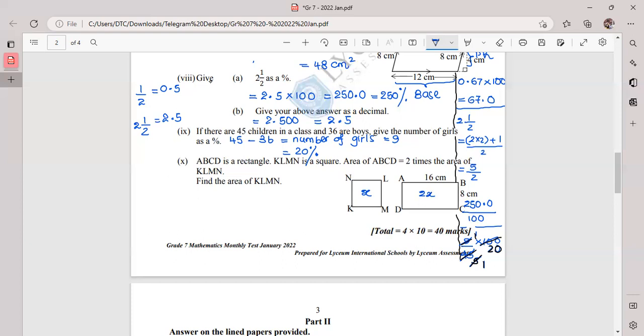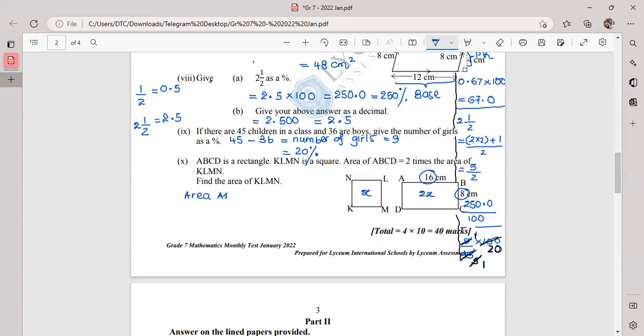First of all, if I take the area of KLMN as X, the area of ABCD should be 2X. First, what I can do is find the area of ABCD. Why? Because I have the length and the width.